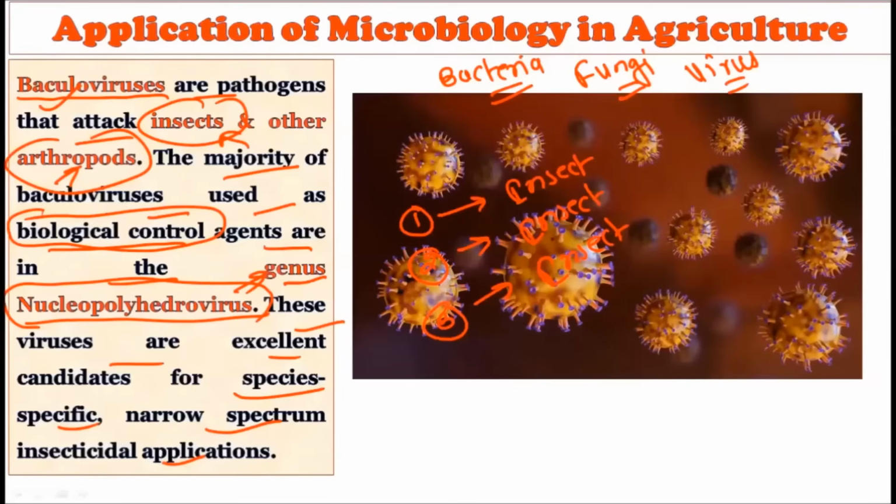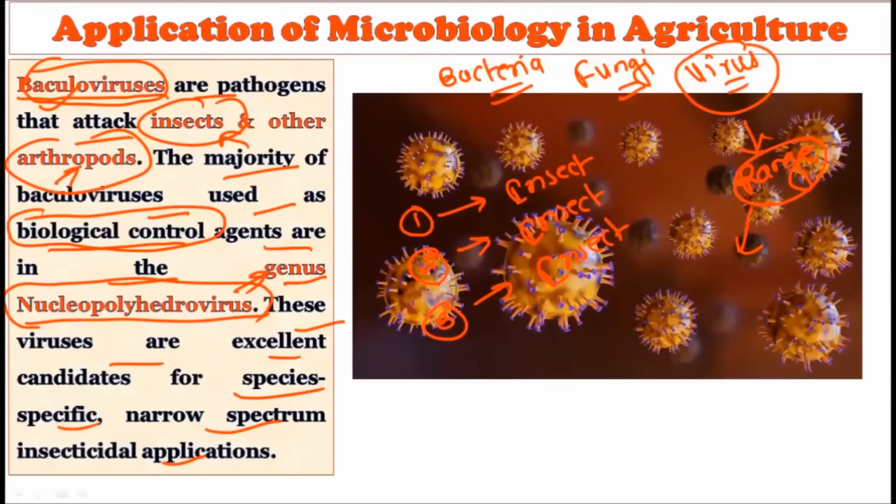They can only kill the insects which come in their range. We have already discussed that the viruses have a host range, and if there is some insect causing havoc in the agricultural field, and you find a specific baculovirus for this insect, this baculovirus can kill only that insect and leave the other insects as they are. So due to their species specific activity, baculoviruses are an excellent candidate as a biocontrol agent.